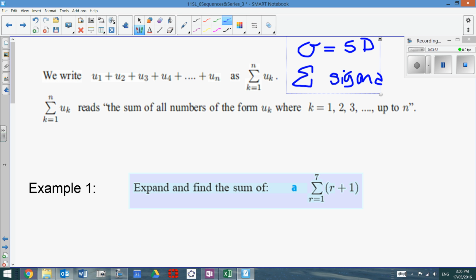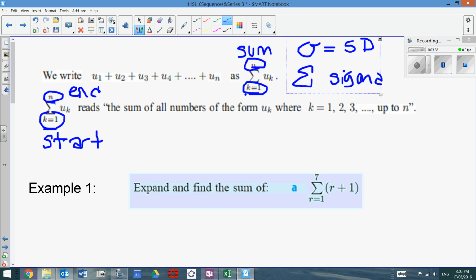When we see the symbol, big sigma, we think of it as a sum of several terms. You have a value at the bottom and a value at the top, and all that means is we start when k is 1, and we end at whatever number is on the top. So the value down here is your starting position, and the value at the top is your ending value.